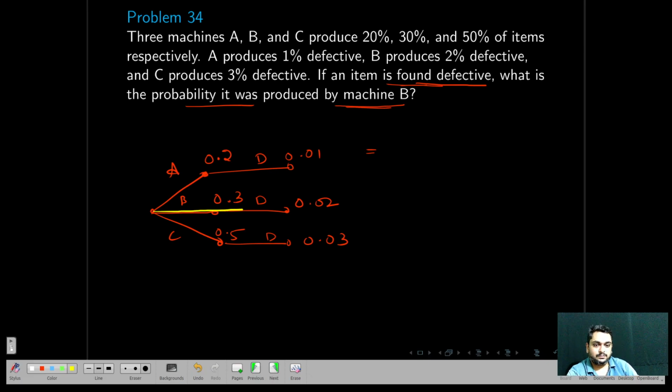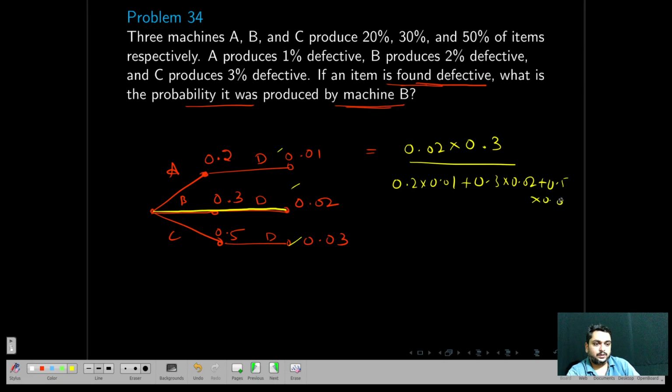So it is 0.02 into 0.3 divided by all the defective paths. So the total probability rule you have to apply: 0.2 into 0.01 plus 0.3 into 0.02 plus 0.5 into 0.03. So this comes out to be 0.26.